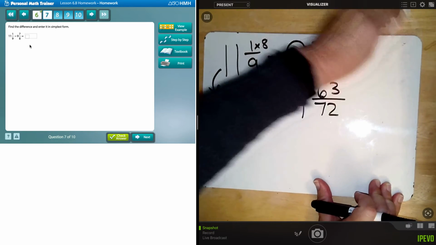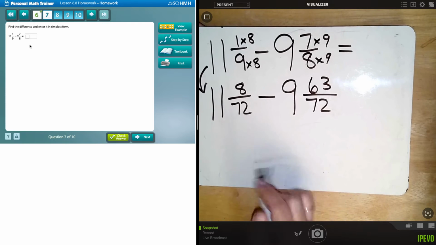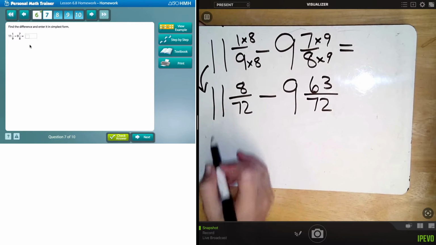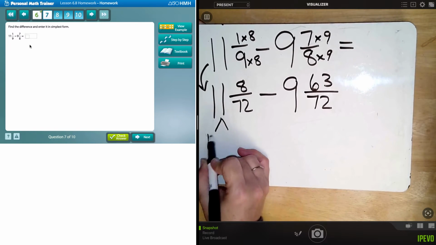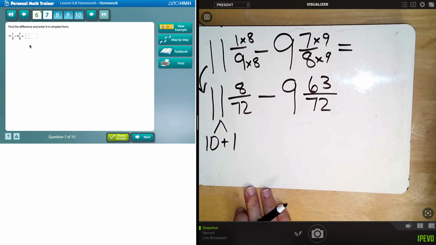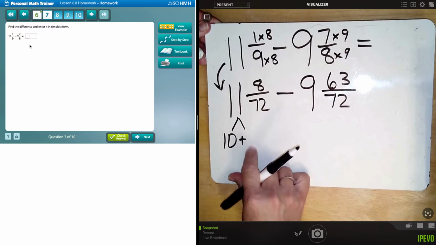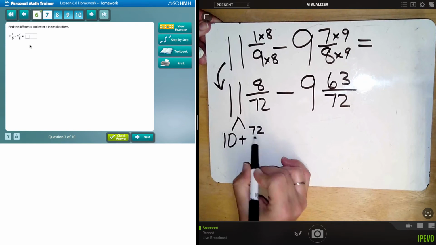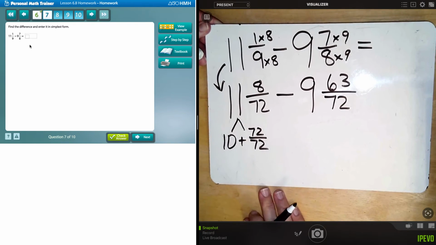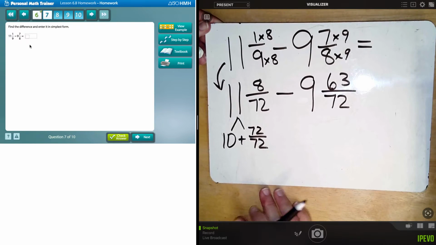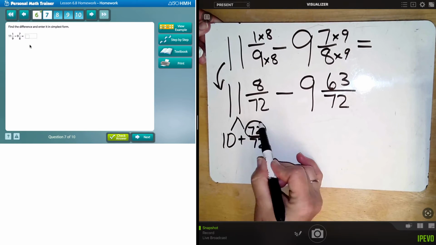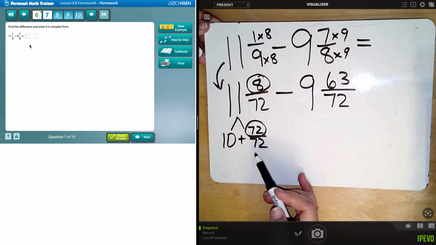Okay, this one's going to get a little hairy because look, I can't do 8 minus 63, so I have to break this apart into 10 plus 1. But this time, my 1 will be the fraction 72 over 72. So I have to take this 72 and add this 8 to it.